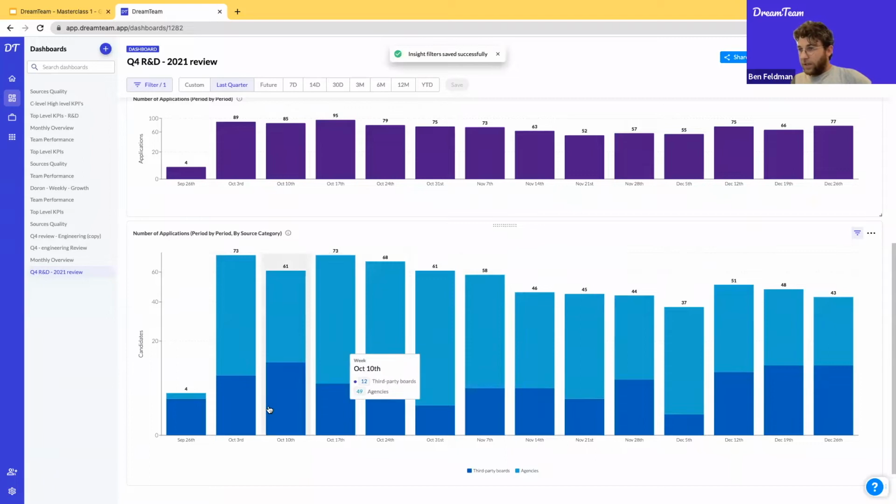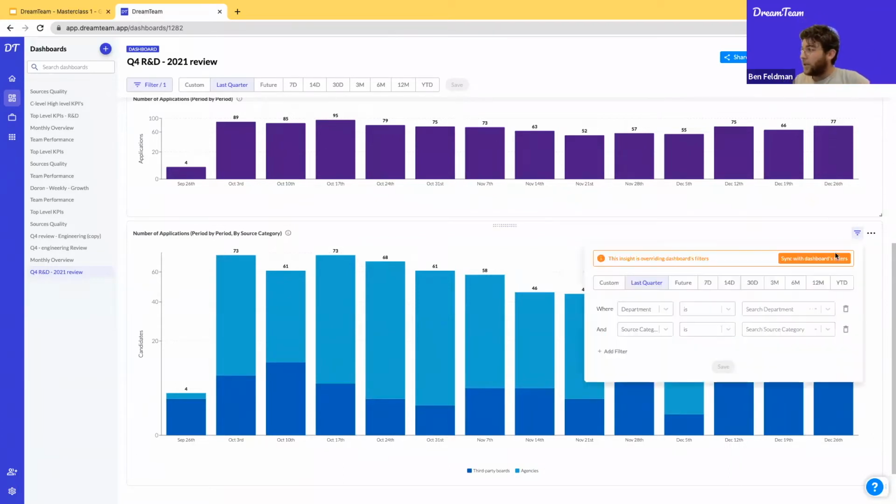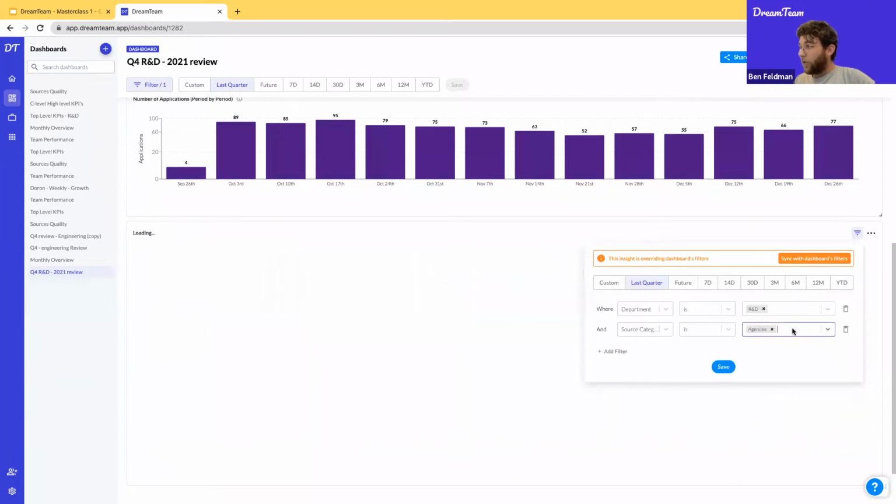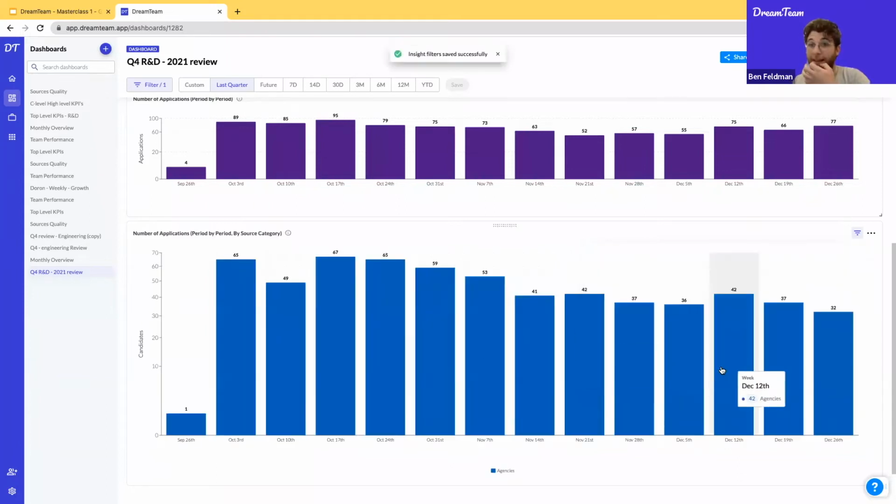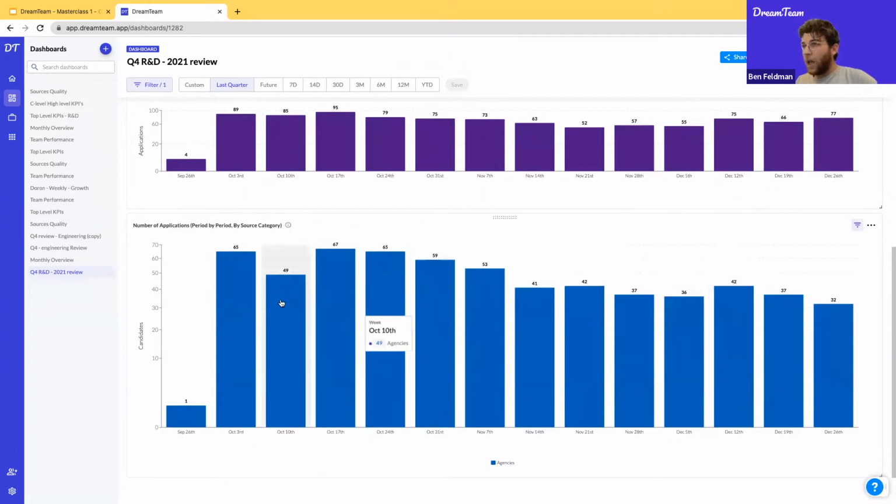So what we do see is this confirms the sporadicness of the third-party boards. And you know what? It's not actually stable. I can't get anything confident out of that. So I'm actually going to remove it and dive even further and say I'm only interested in looking at CVs coming from agencies. And what we see is actually quite a significant decline, right?